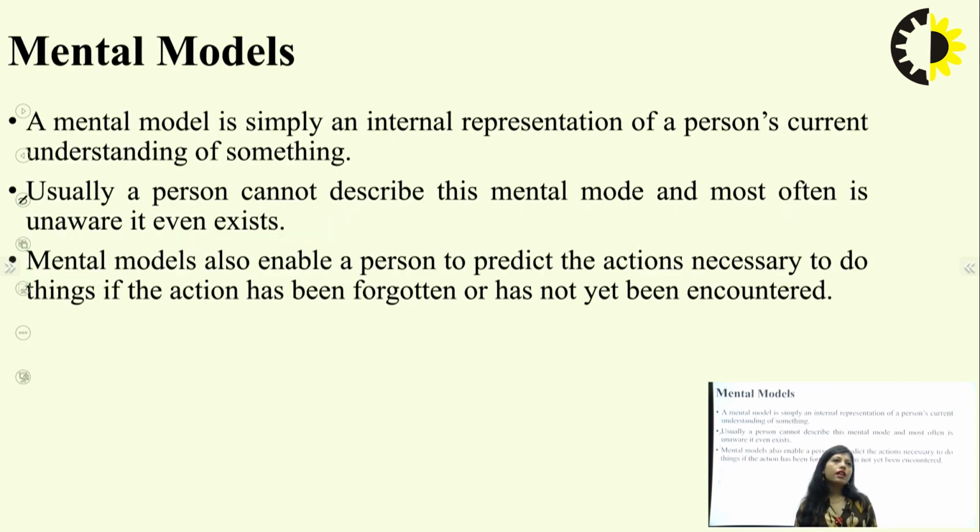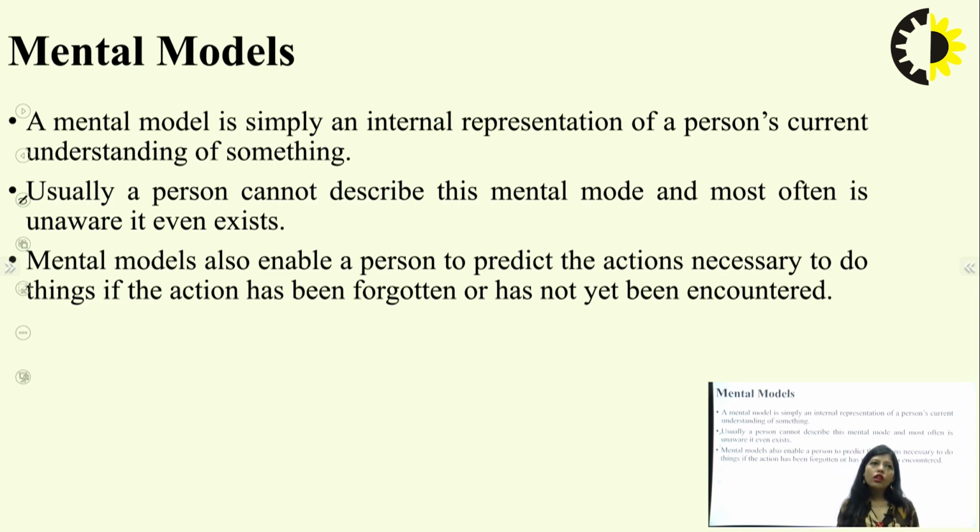Next characteristic is mental models. A mental model is simply an internal representation of a person's current understanding of something. Like mentally what we think about some information, what our understanding of something is. Usually a person cannot describe this mental model and most often is unaware it even exists.